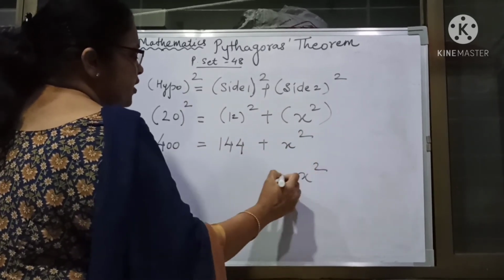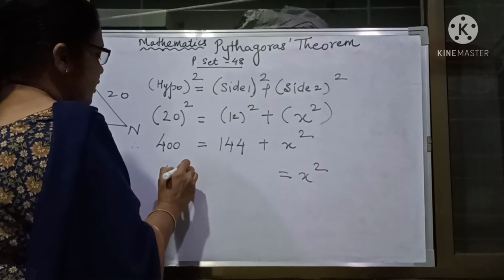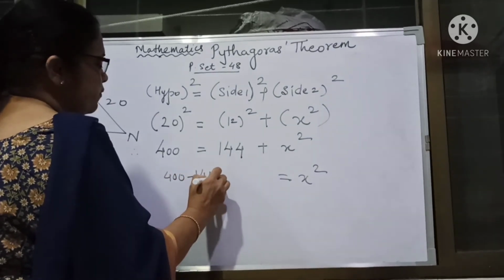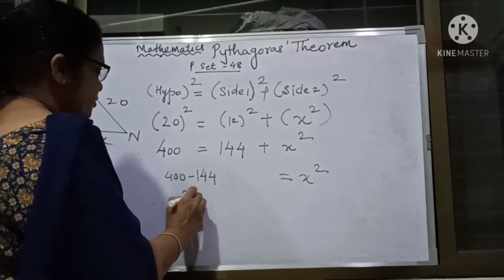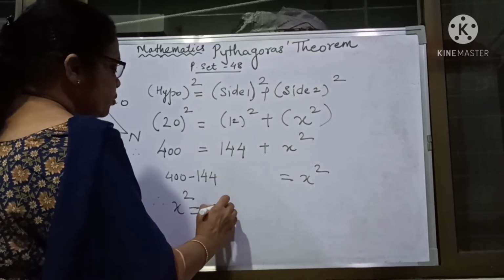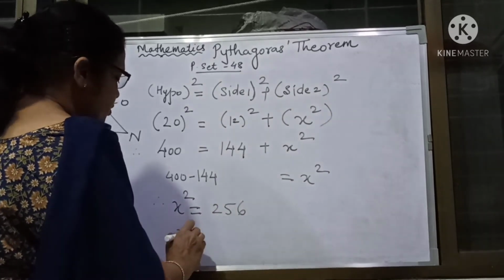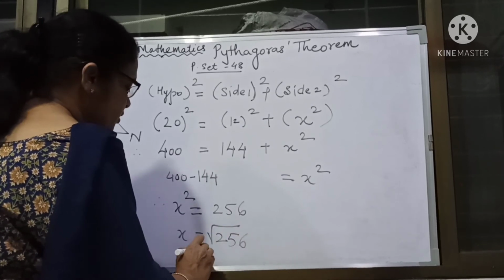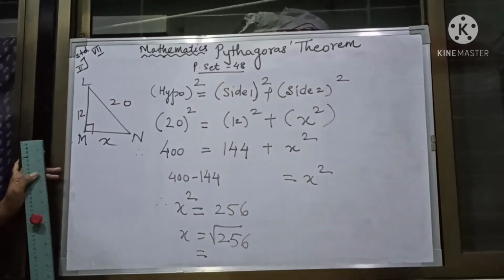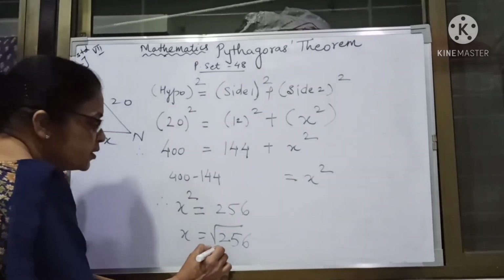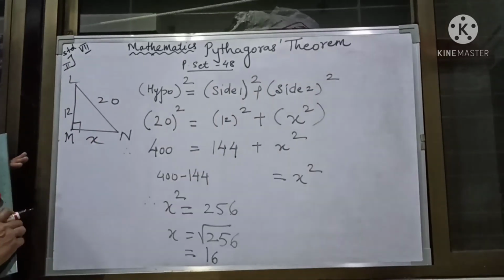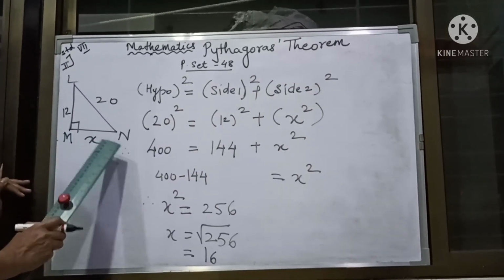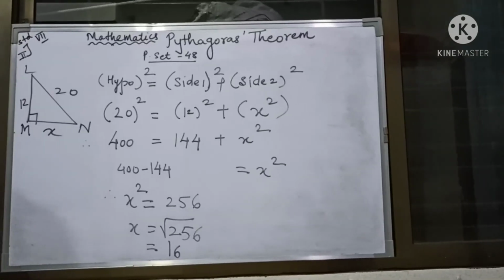So x square will be 400 minus 144. Therefore, x square is equal to 256. So x is equal to square root of 256, which is equal to 16. Therefore, side MN or length MN is 16 centimeter.